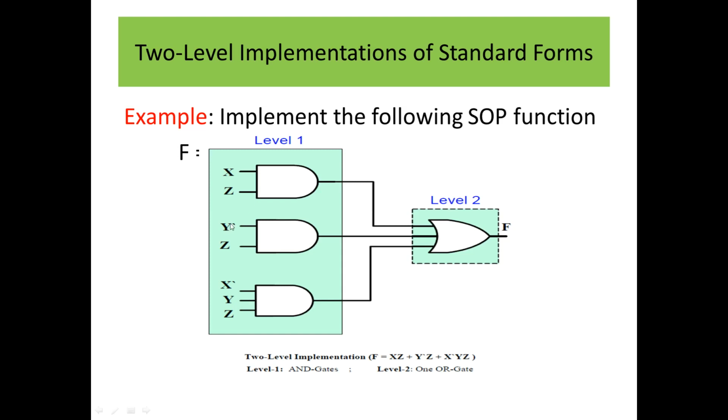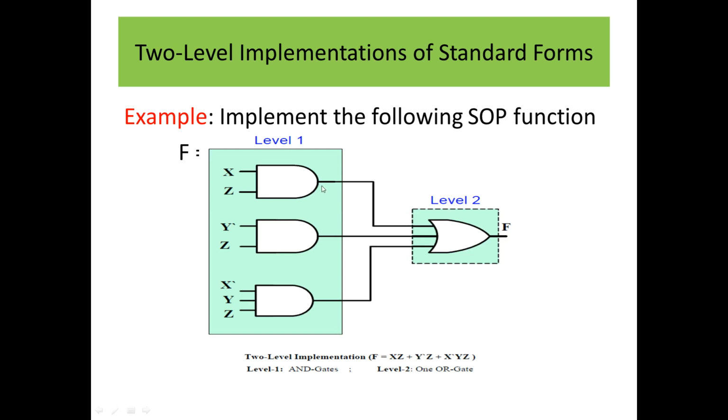For Y bar Z, a 2-input AND gate gives the product Y bar Z. Next, a 3-input AND gate gives X bar YZ. These are all product terms. How many product terms? 1, 2, 3. So how many AND gates? 1, 2, 3.